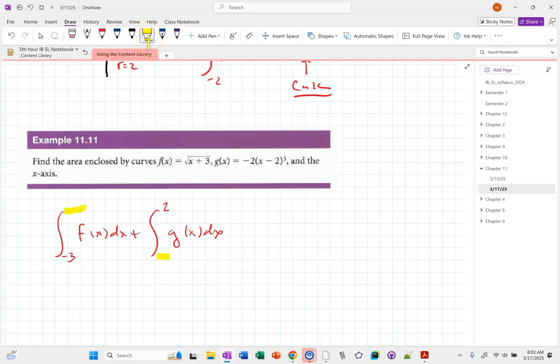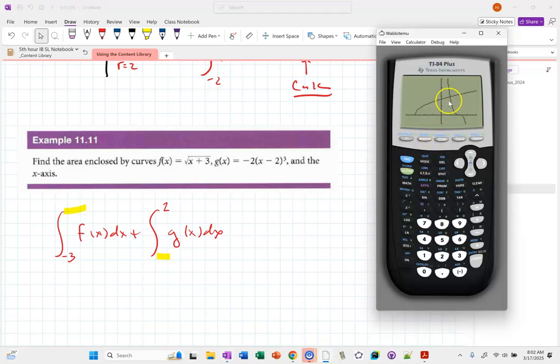I just need to figure out what that something is. And geometrically, that something is the intersection of the two curves. So I'm going to just use my calculator to find that. So second, trace, intersect command, enter, enter, enter. That happens at x equals 1.